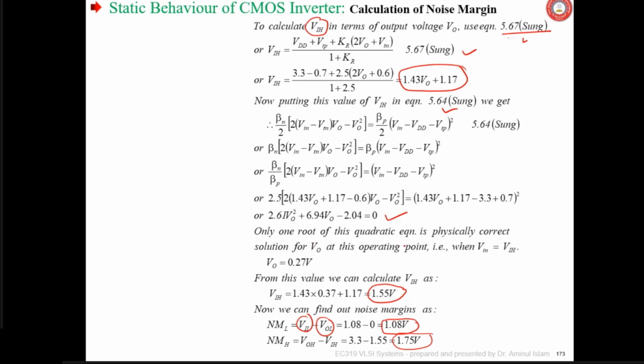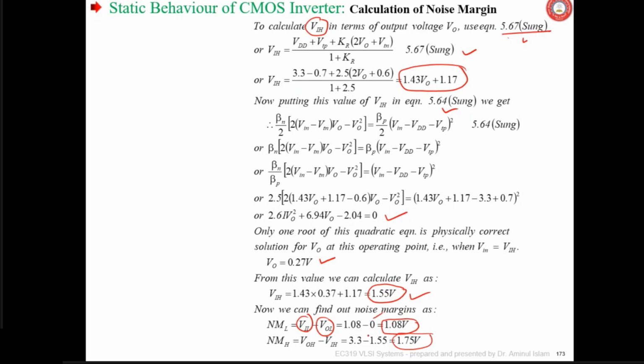And only one root of this quadratic equation is the physically correct solution for VO at this operating point, that is when Vin equals VIH, VO equals 0.27 volt. So from this value, we can calculate VIH as 1.55 volt. We can now calculate the noise margin. NML equals VIL minus VOL, and VOL equals 0 for a CMOS circuit, so it is put 0.